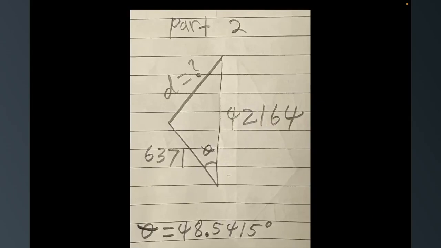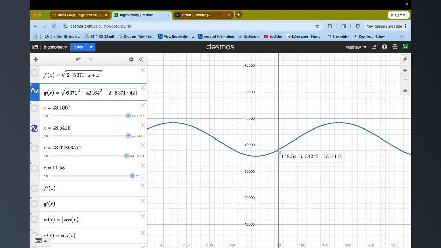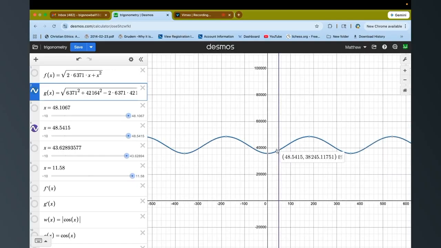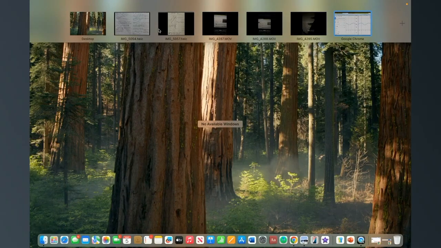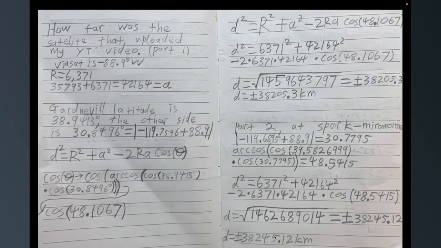So Park City is right here on the cosine wave. This number here matches the number we calculated, the square root.